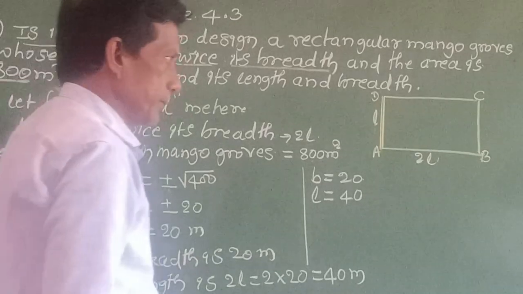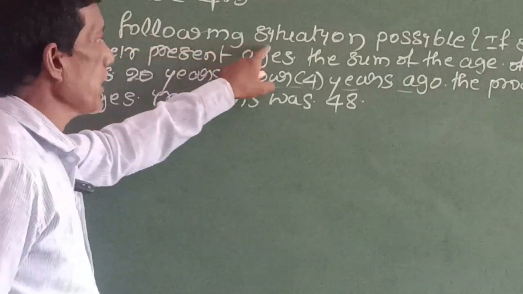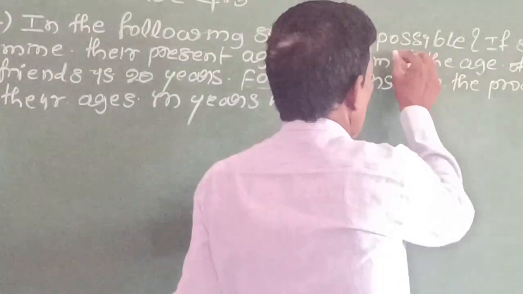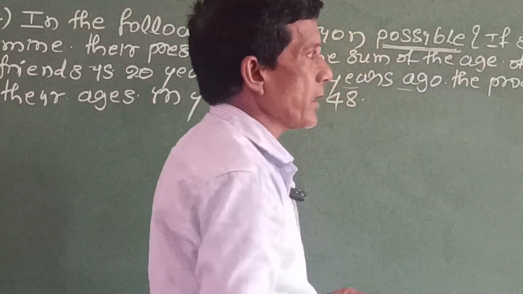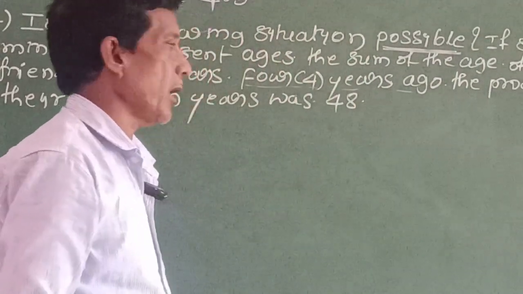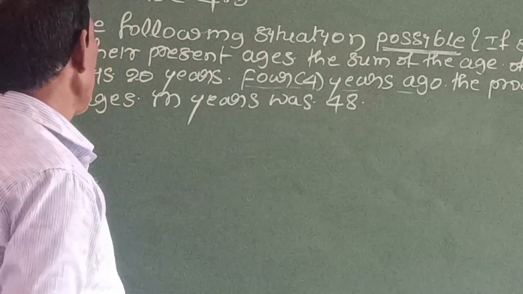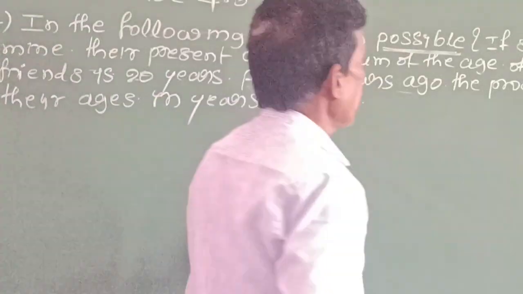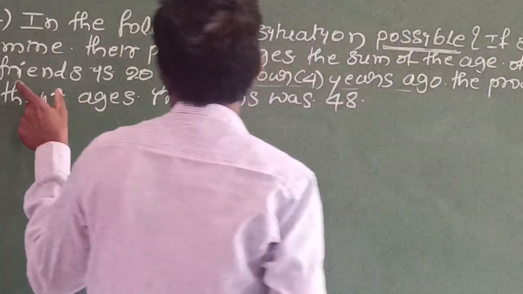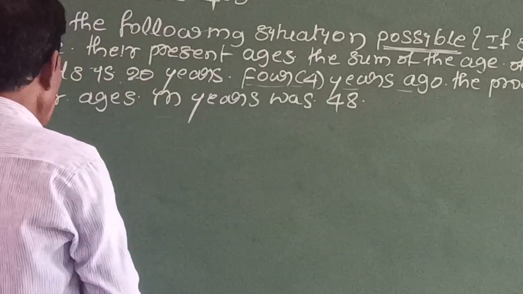Exercise 4.3. In the following situation, is it possible? First you try the problem to see whether the solution is possible or impossible. If so, determine their present ages. The sum of the ages of two friends is 20 years.